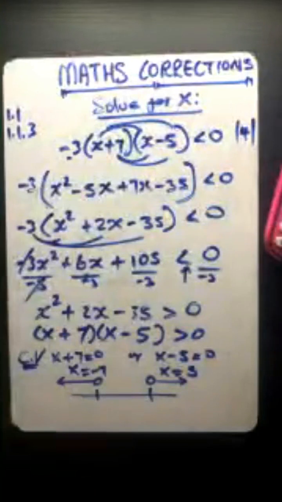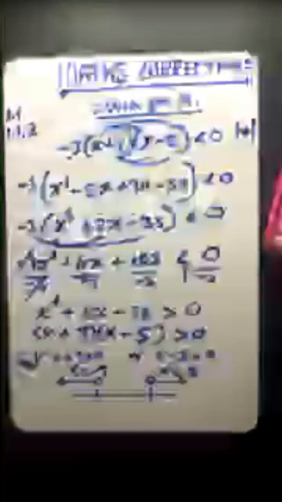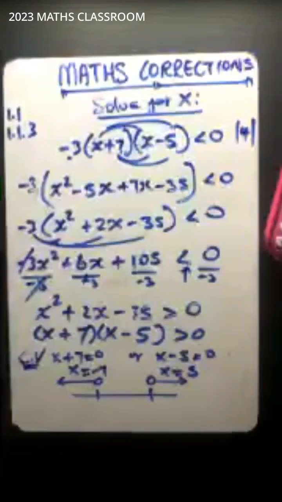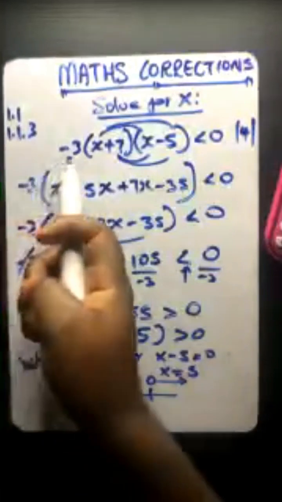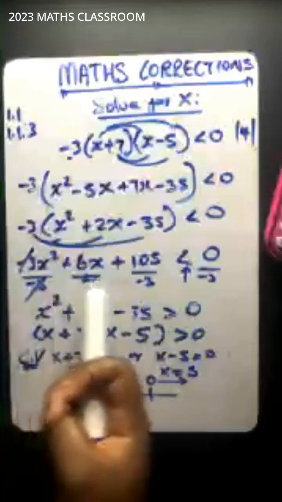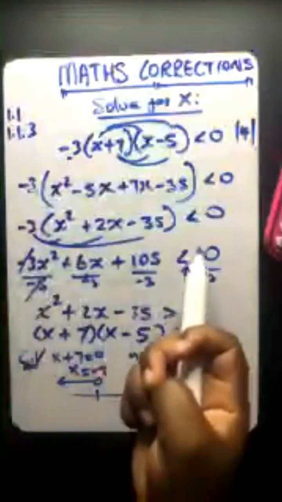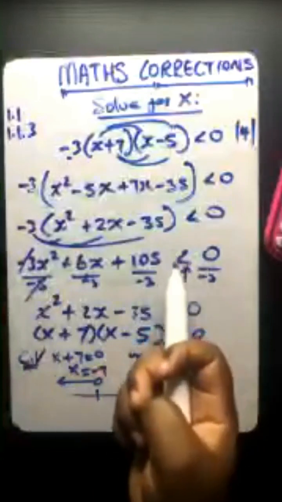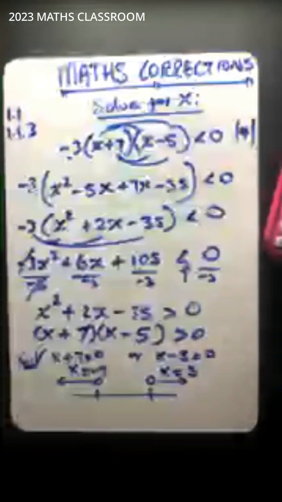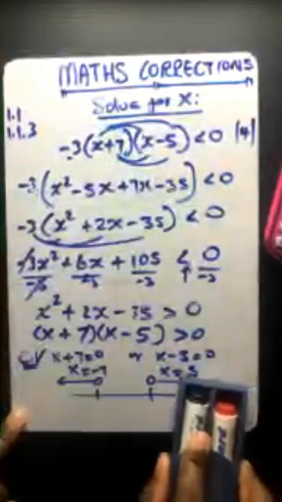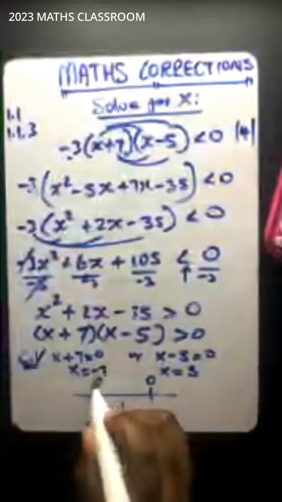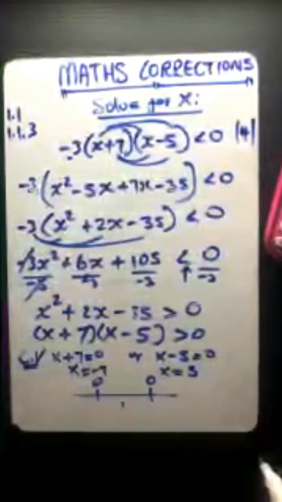But here, we might need to try to make sense of that, because something you need to realize is that you were given this thing as it is, you worked it out until you get a new quadratic equation, and you divided it by negative 3, and you tampered with that sign. Originally, it wasn't like that. So you might not need to straight away just do that, but it has to make some sense. But firstly, you are having those. So let's see.